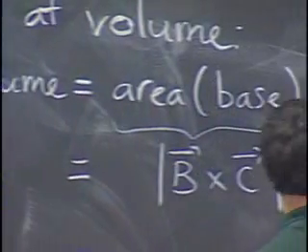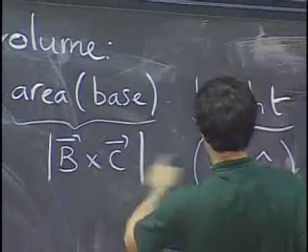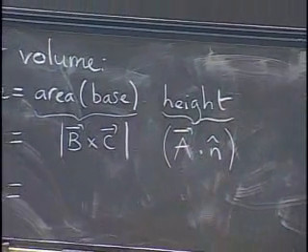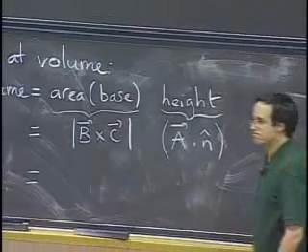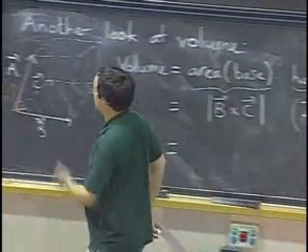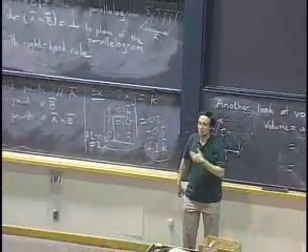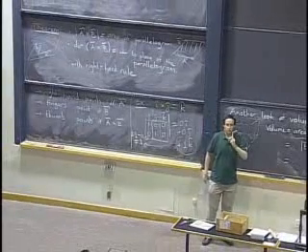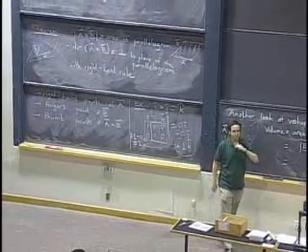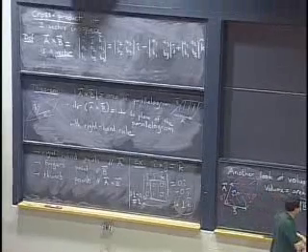So let's think about this vector n. How do I get it? Well, I can get it by actually using cross product as well. Because I said the direction perpendicular to two vectors I can get by taking the cross product and looking at that direction.